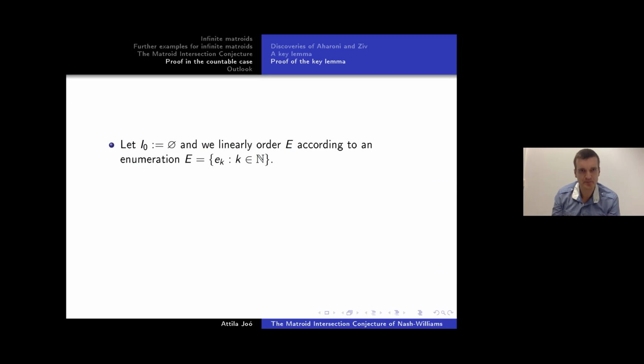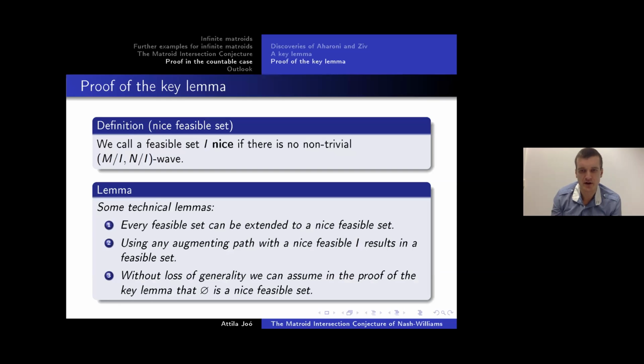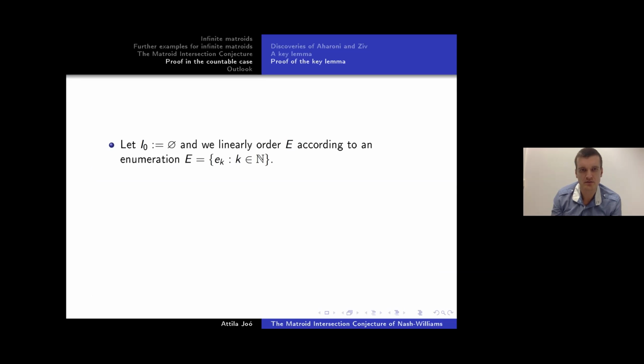Okay, so now this part of the proof is I think the key part. These lemmas on the previous slide are mostly technical things. So now we take an enumeration of the edge set again. We want to prove now the key lemma.